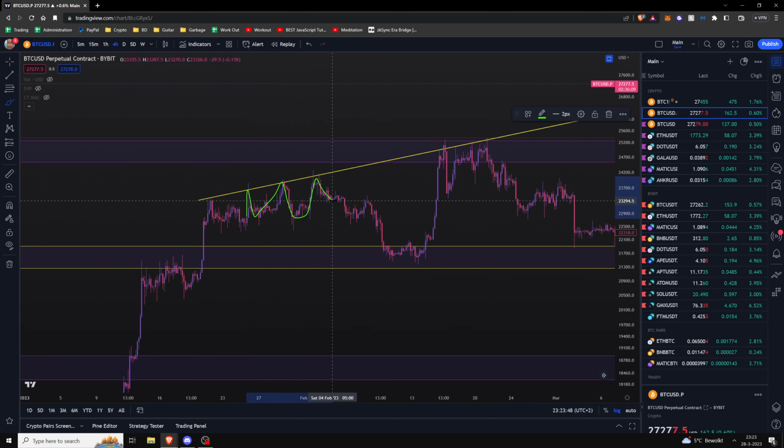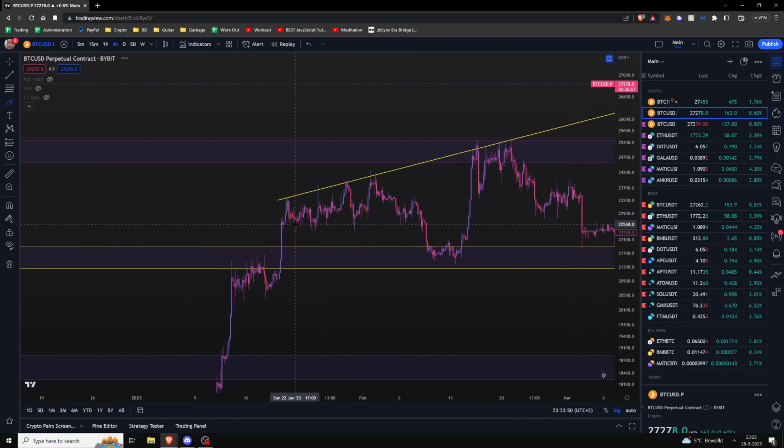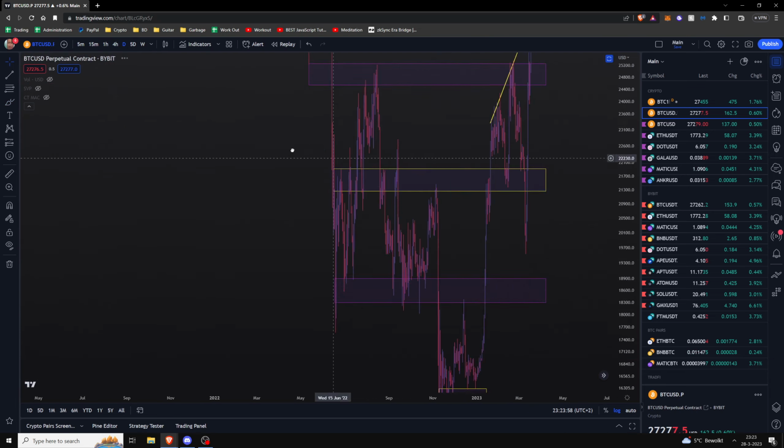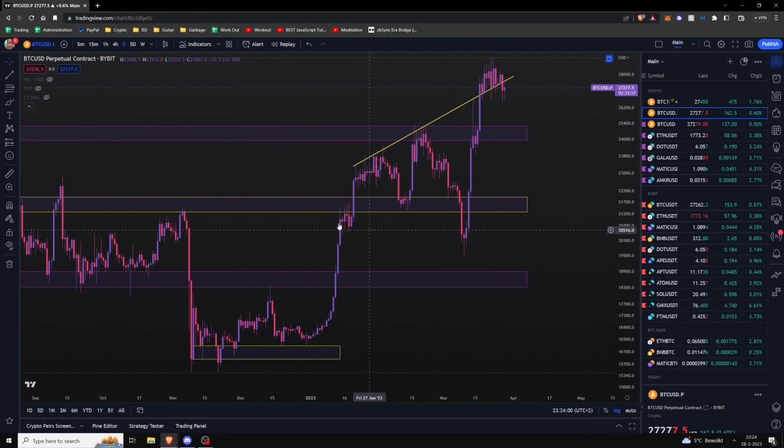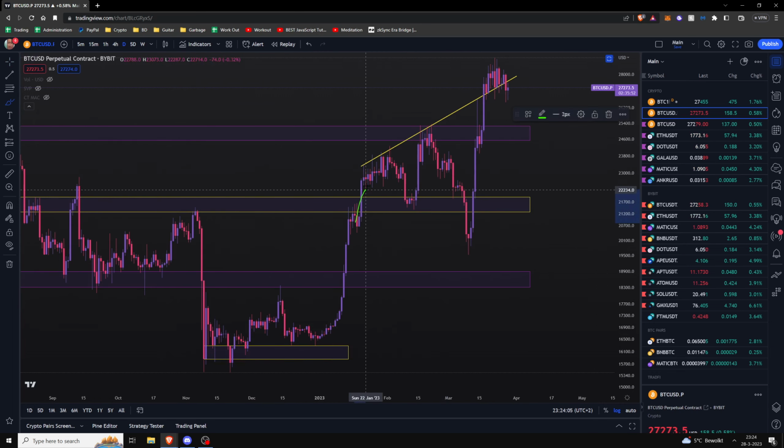And after this rejection, we kept getting this higher high structure, but we actually pulled back. But again, as we said, previous resistance, this middle box we established as resistance, now becomes support.